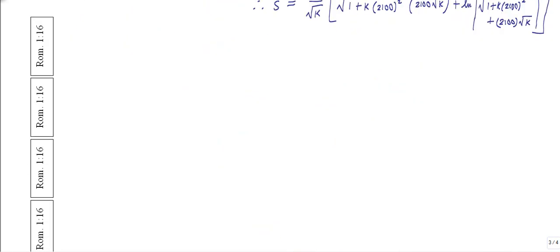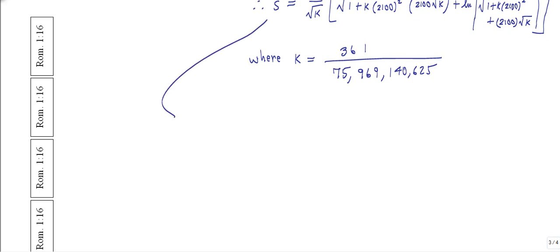So let me just write it down here so you'll remember it, where k is equal to 361 over 75,969,140,625.